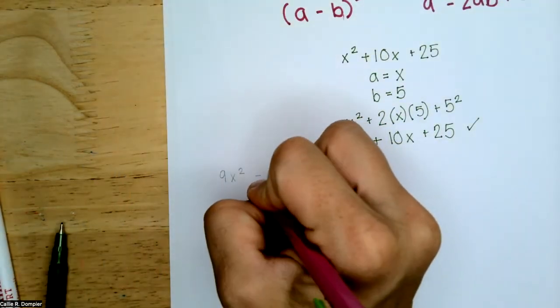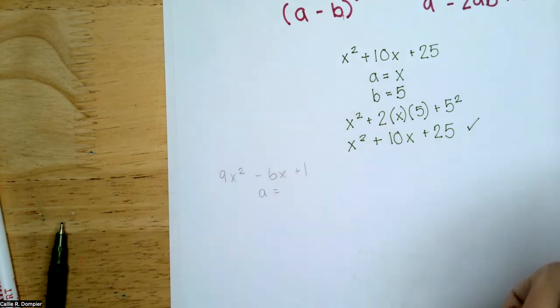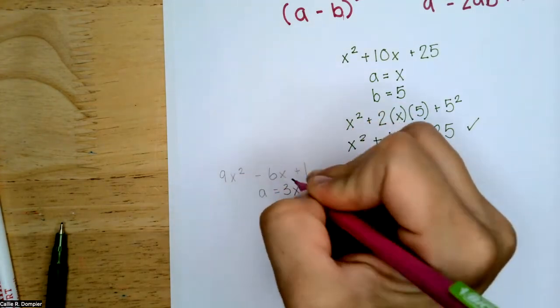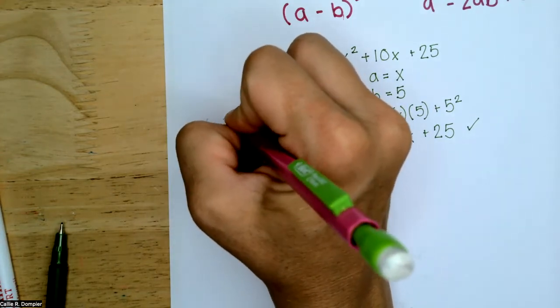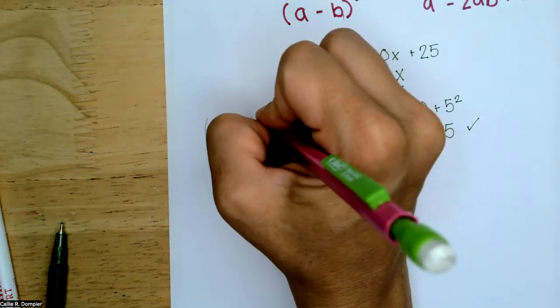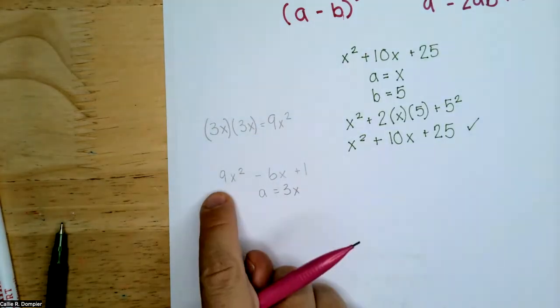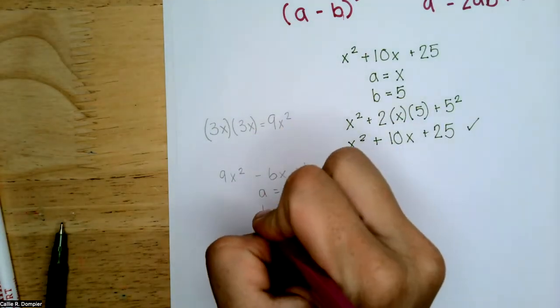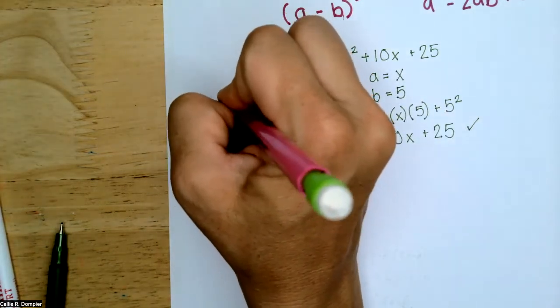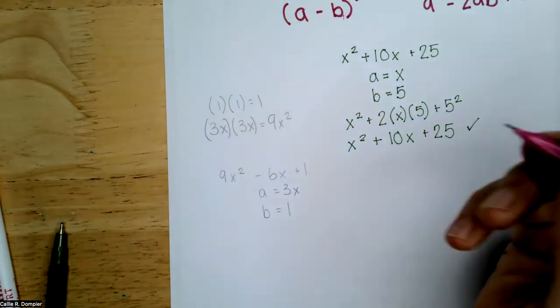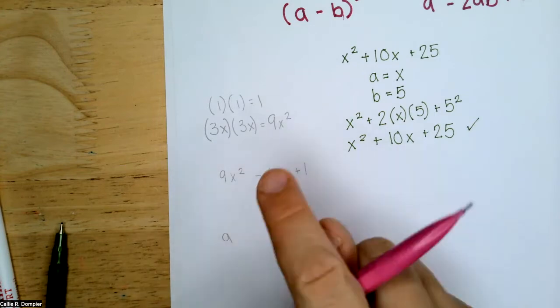I have a is going to be 3x, right? Because 3x times 3x is going to be 9x squared. So 9x squared is a perfect square. B is going to be 1 because 1 times 1 is 1. So that's okay. So I have a, and it's a minus.